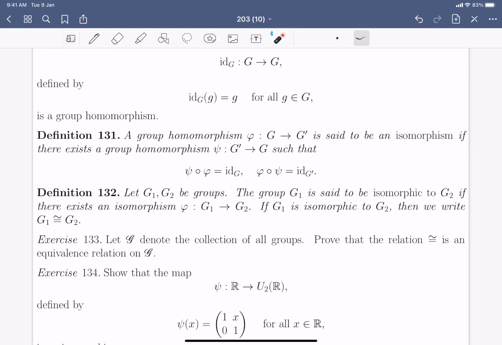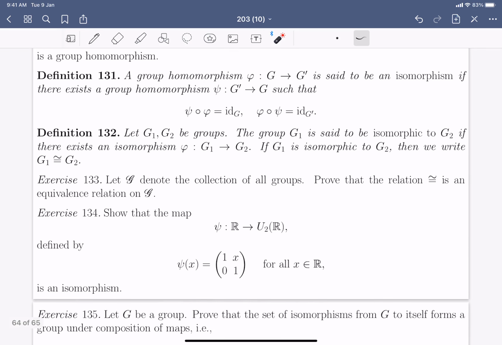Again, it's good to have an example. If you focus on this map psi from R to U(1) which sends a real number x to the corresponding element, then you have already seen in the form of an exercise that this map psi is a group homomorphism. And this exercise says that this map is not only a group homomorphism, but also an isomorphism.